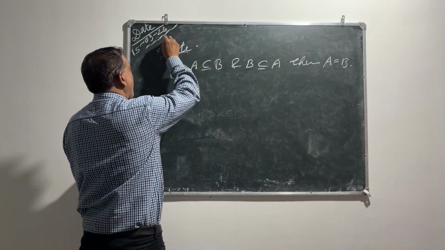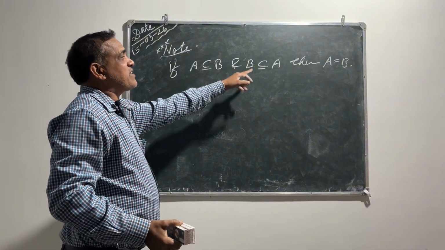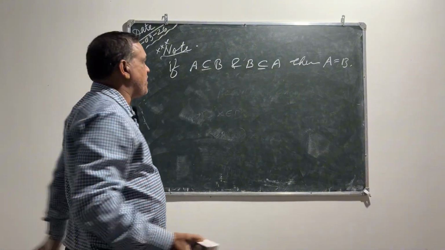It's a very important formula. If A is a subset of B and B is a subset of A, then A must be equal to B.